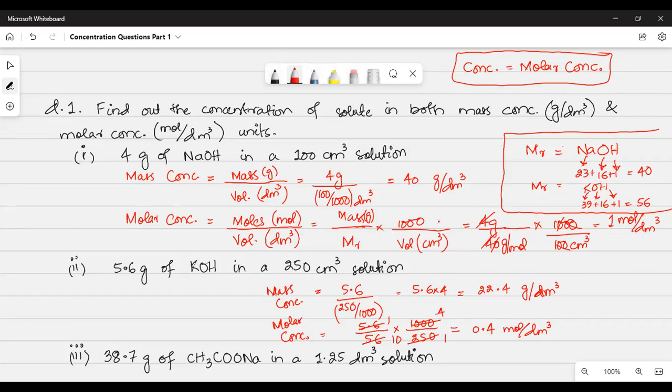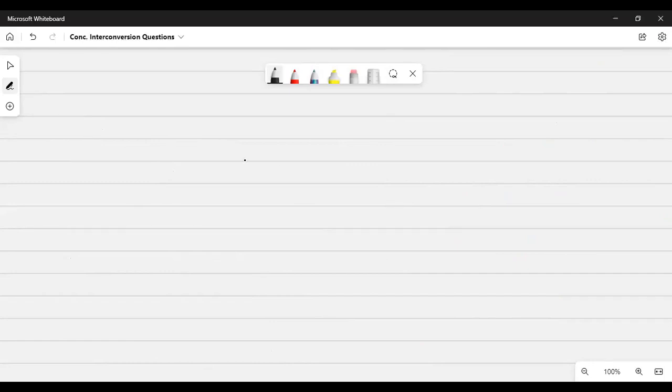Take your time. So this time, if you have that picture in front of you in which we had the concentration interconversion formula, it's going to help you, okay? Because I'm only going to give you 2 questions.